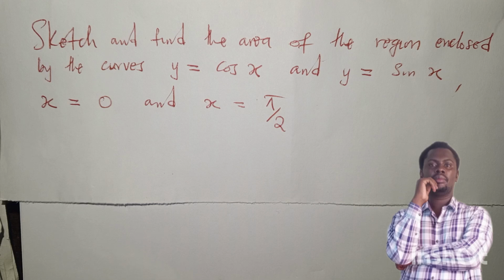We need to sketch and find the area enclosed by the two curves y is equal to cos x and y is equal to sin x. In short, we need to sketch the curves y is equal to cos x and y is equal to sin x. A solution.